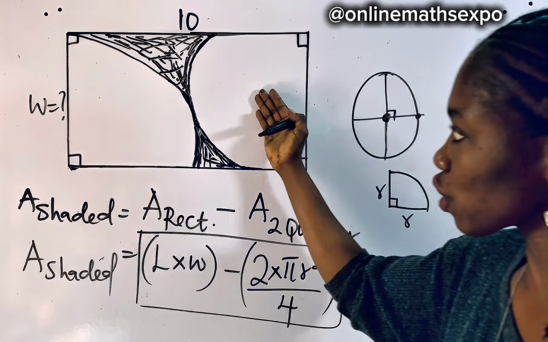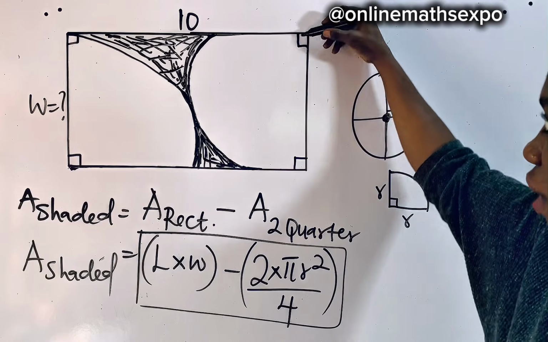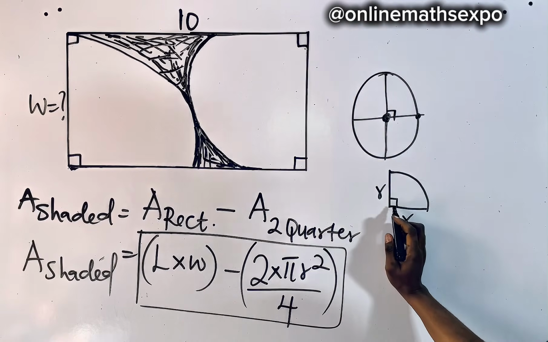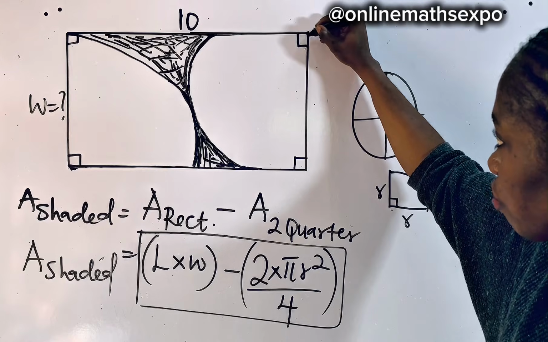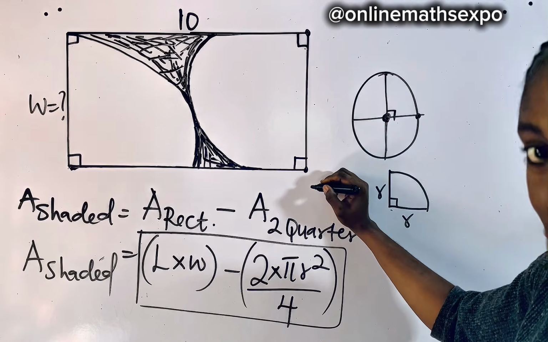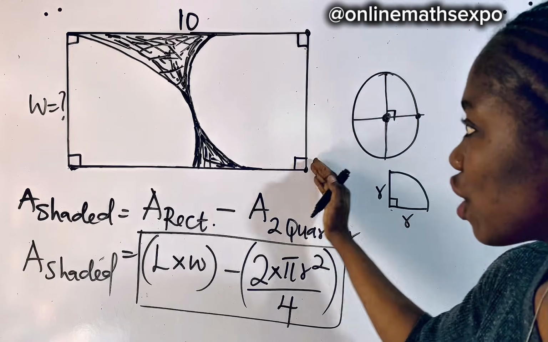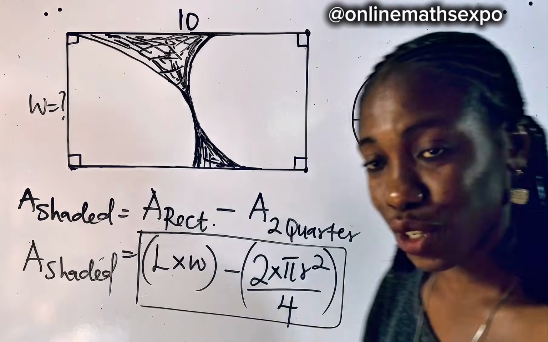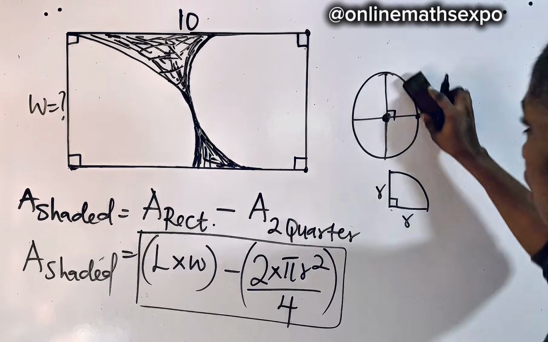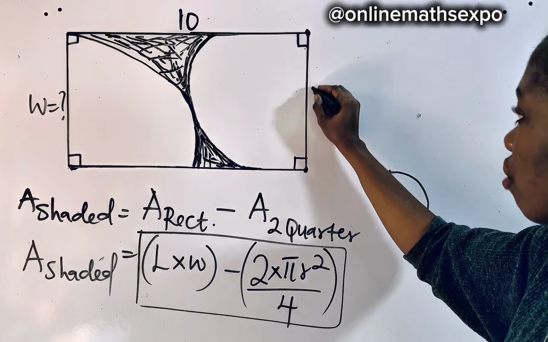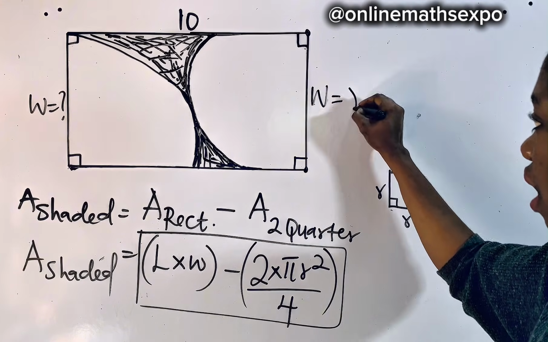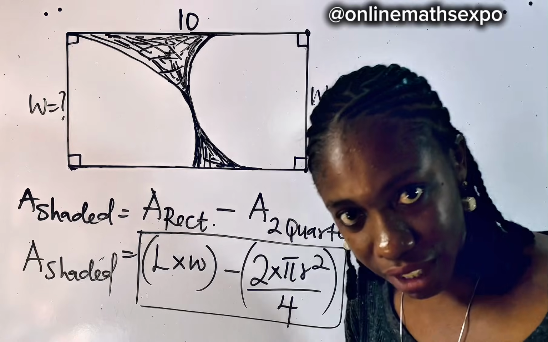Now, if you go to these quarter circles, you will see that this is where it makes a 90 degree angle, just like what we have here. So from here to here is also the radius of this quarter circle. And from here to here is also the width of the rectangle. So the width of the rectangle is the same thing as the radius of the quarter circle.